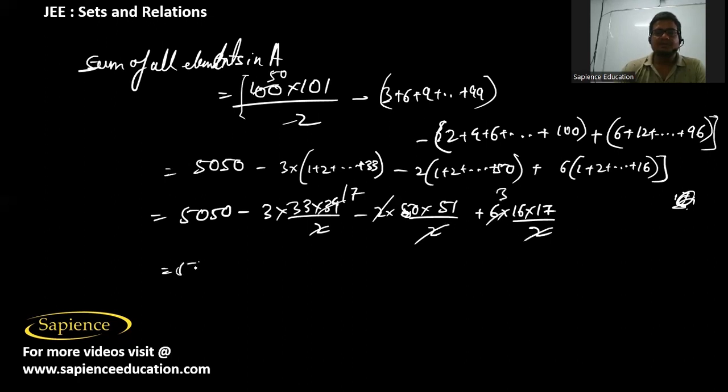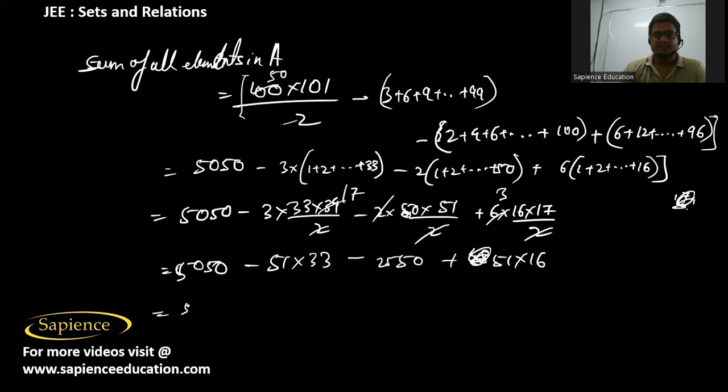So this is 5050 minus 17 3s are 51 into 33, minus 5 5s are 25, 2550, plus 17 3s are 51, 51 into 16.